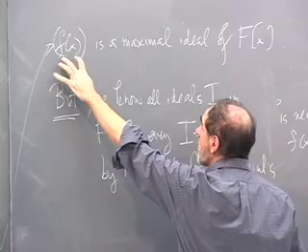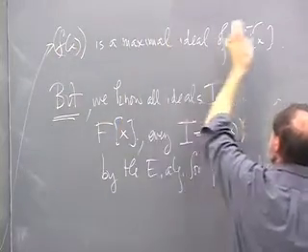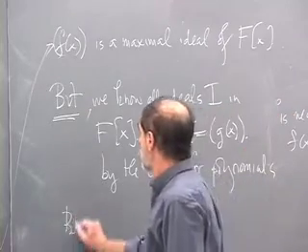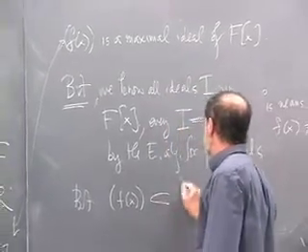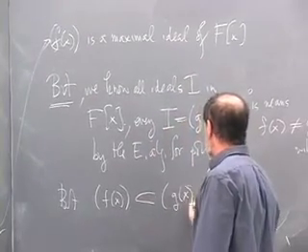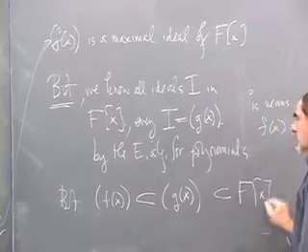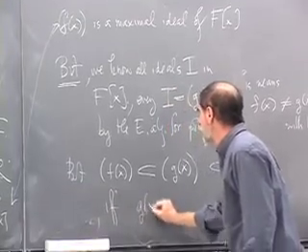Okay. So we now have to figure out what is the condition on f that it not be contained in any other proper ideal. But I claim that the ideal generated by f of x is contained in the ideal generated by g of x if and only if g of x divides f of x.